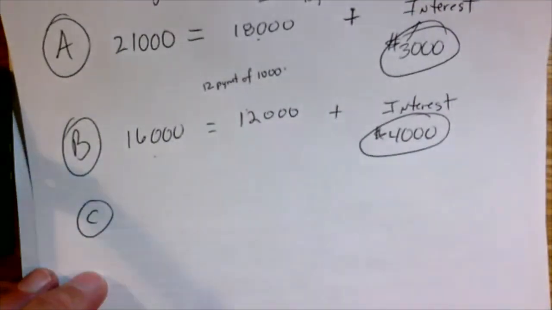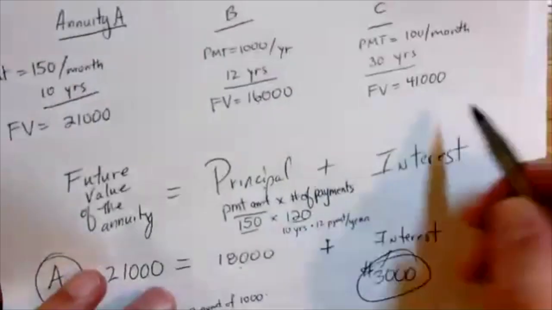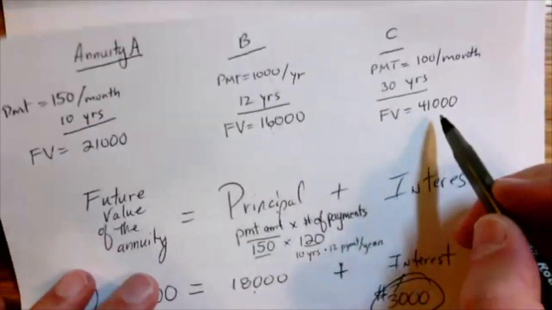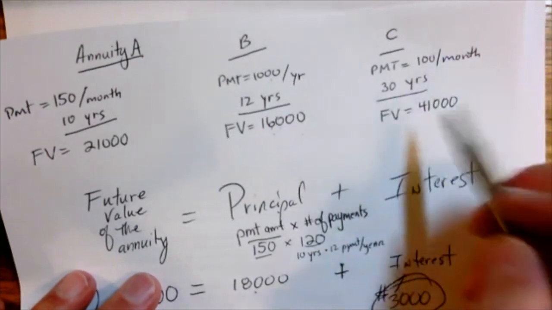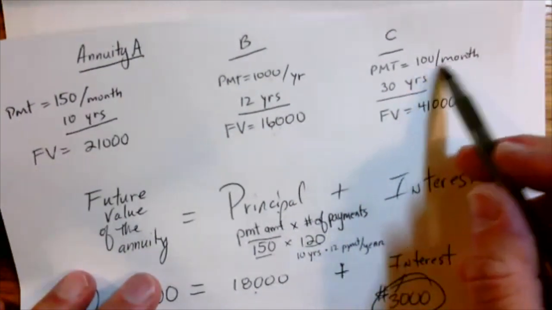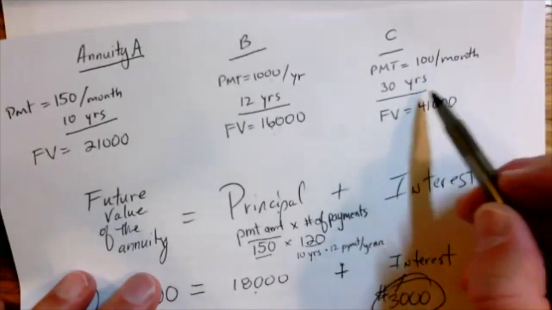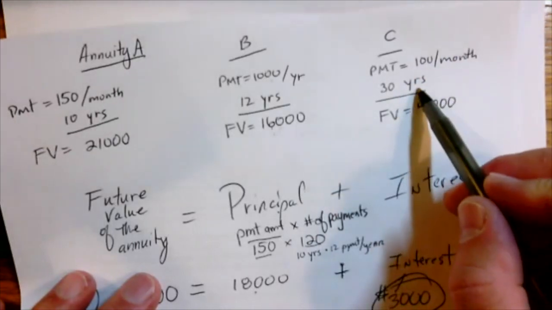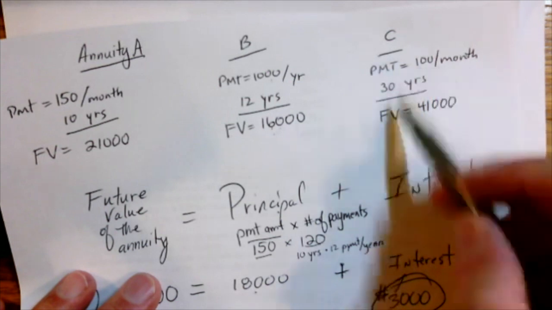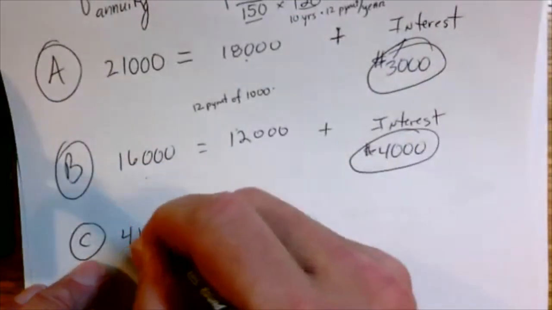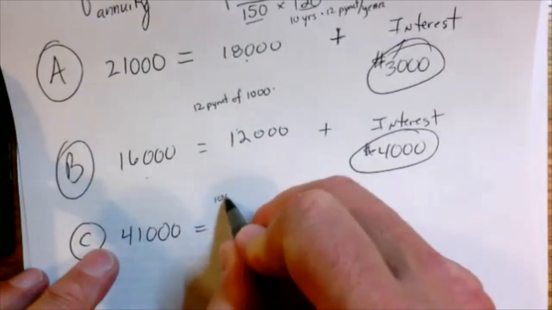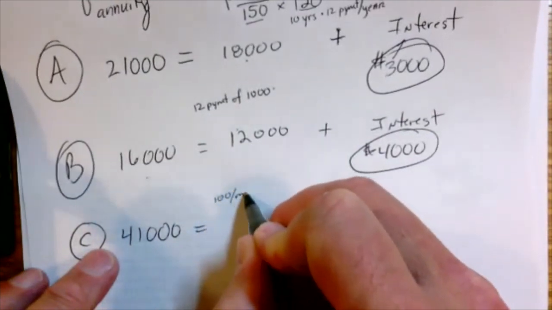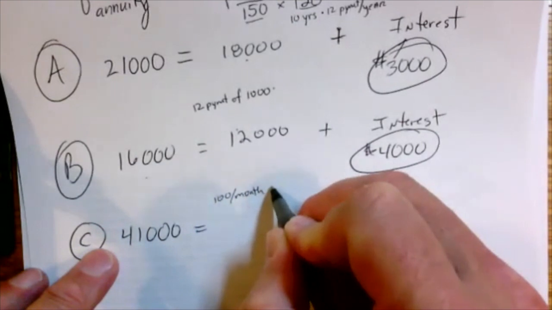And then C, here's the information. By the way, unless they totally contrive these problems, the longer time frame you have, this money is going to grow. So it's almost certain that this one is where you get the most interest. You end up with 41,000, and you're making $100 payments per month for 30 years.